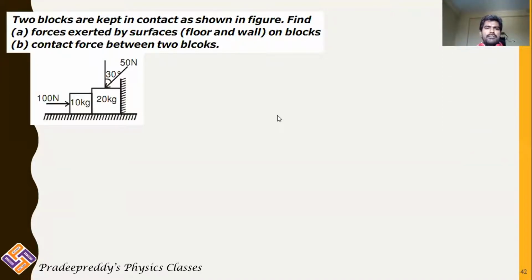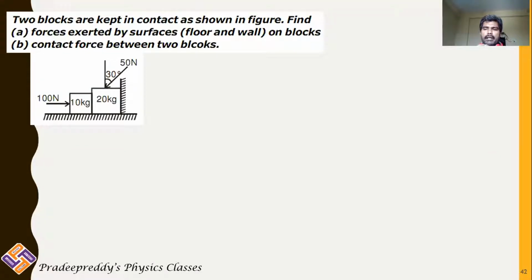Students, in the past video lecture, we have learned how to draw a free body diagram for a given object. A free body diagram helps us in finding unknown forces as well as unknown accelerations of the body if it is in motion.